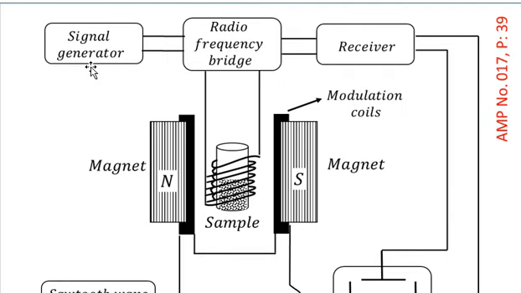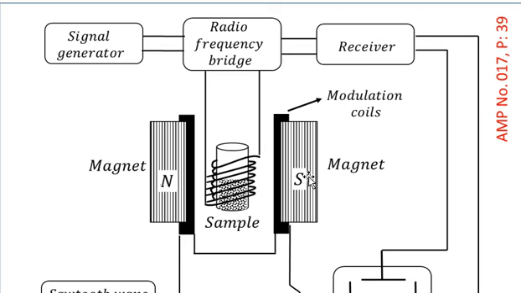So here is the signal generator, and here is the radio frequency bridge in which we change the frequency of B1. So the B1 frequency is changed over here, and this is the receiver which contains a power meter, and this will record if there is a change in the magnetic field B1 due to resonance. So when the resonance occurs, the receiver containing the power meter will record the measurement.